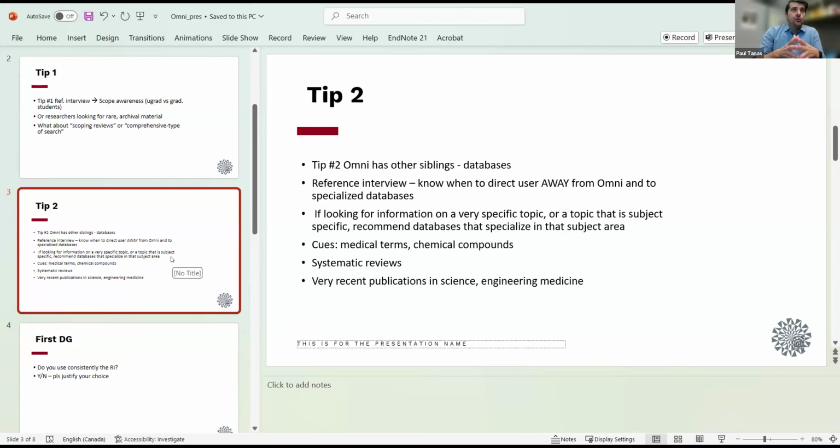The giveaway, the cues, are the person is telling you, oh, I'm looking for materials on this medical procedure, or I'm trying to find information about chemical reactions, chemical compounds. I would advise against using OMNI in that situation.